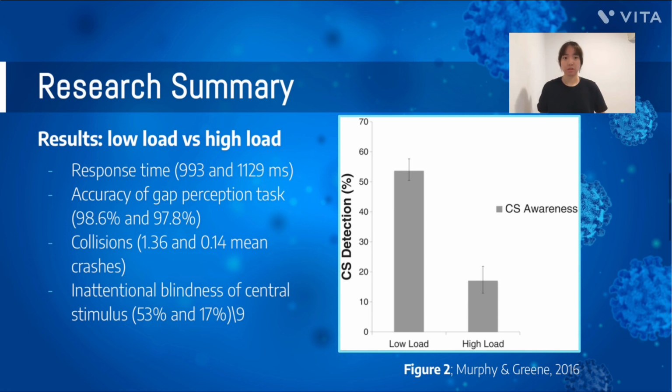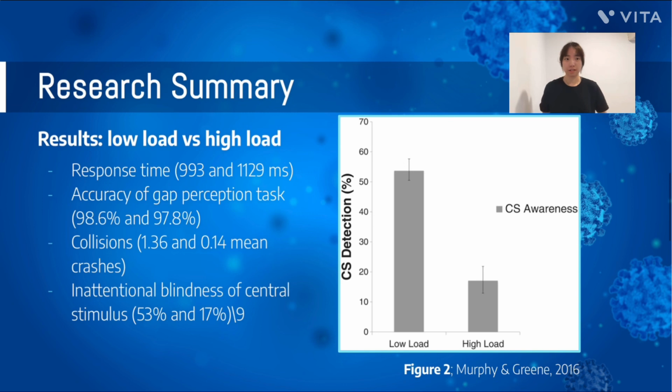This is because in the low load trial, the car could more obviously fit in the gap, warranting higher accuracy in results for this condition. Collisions with parked vehicles also occurred more in gap perception trials with high load than of low load because it was harder to judge the gap, the mean being 1.36 and 0.14 crashes respectively.